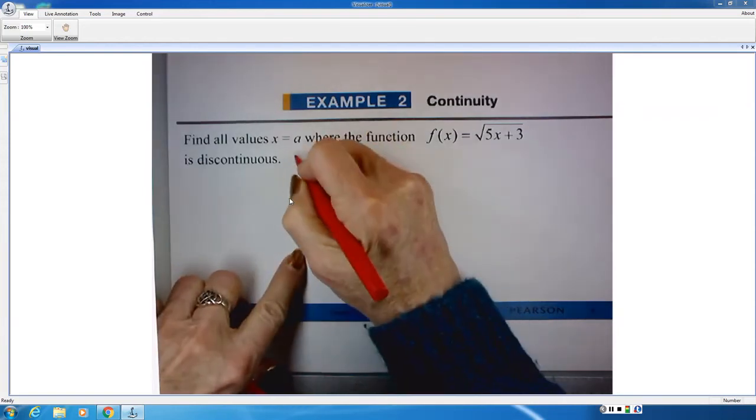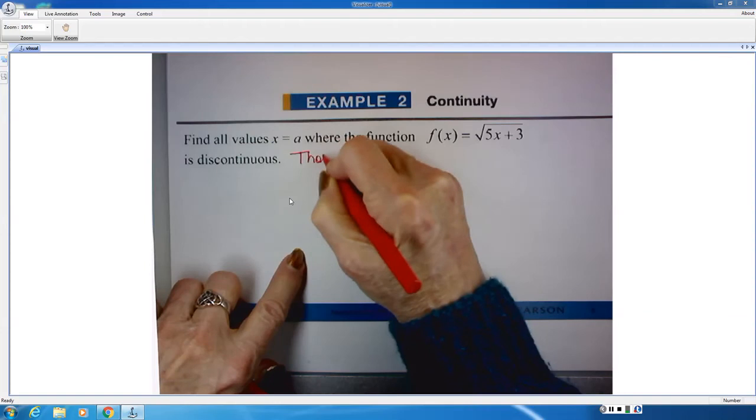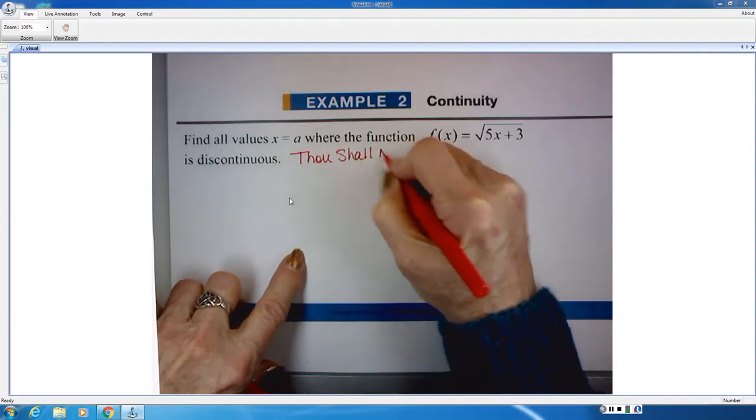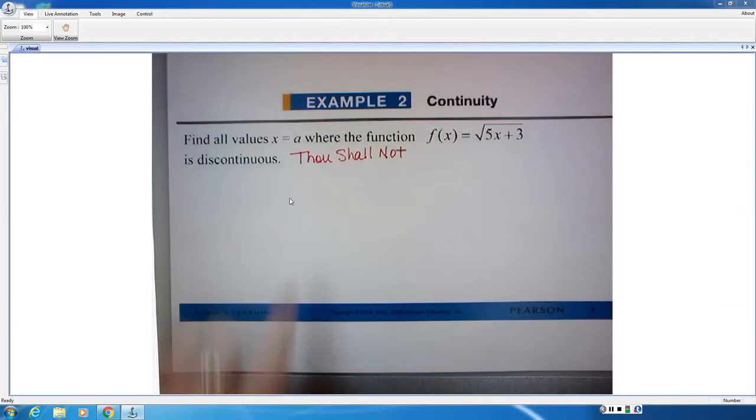Thou shalt not do what? Divide by 0. Okay, am I going to divide by 0? No. Then what else shall I not do on pain of death? What can you not do that involves radicals? Can't take square roots, fourth roots, sixth roots, no even roots of negative numbers.